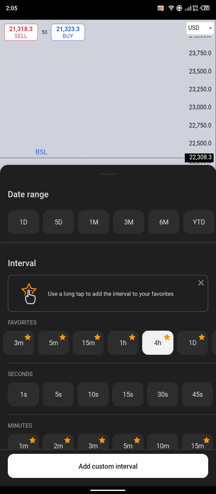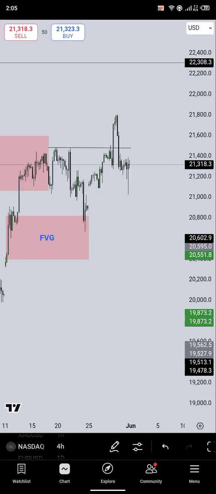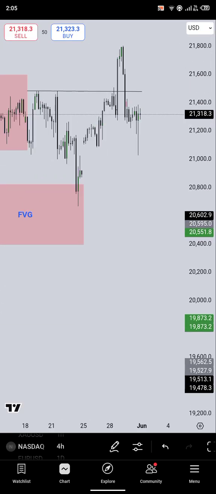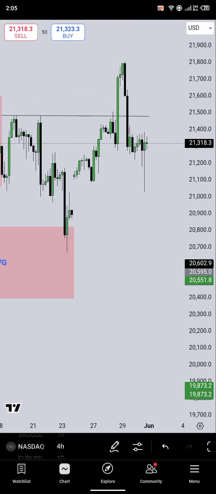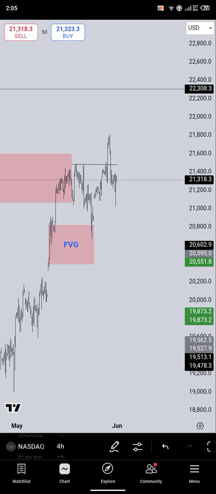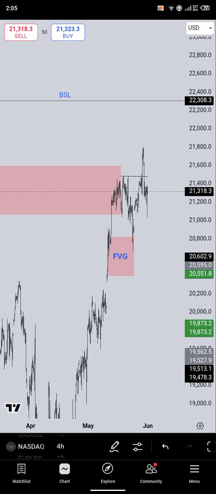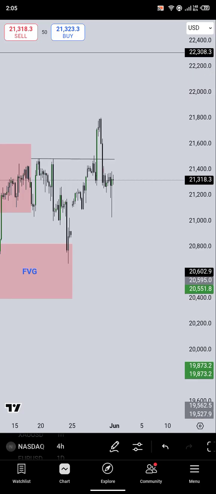Let me come to a 4 hours and see something. Look at this gap the price drew into. Remember this level we marked out here, which is a weekly fair value gap. So we said we might see some reactions off the level.